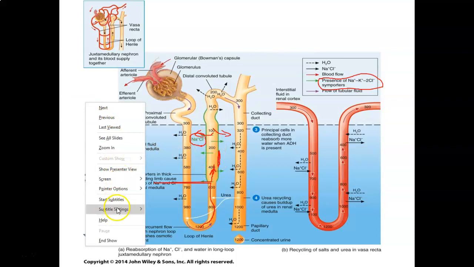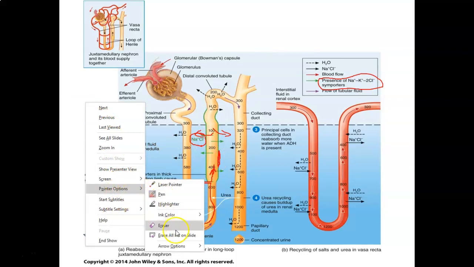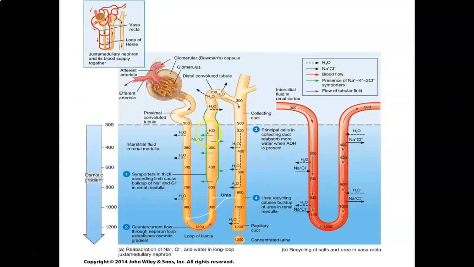It's not like that causes the movement through the ascending limb. Where that's important is, think about it: if chloride and sodium are all being dumped into this interstitial fluid, what happens to the water in the collecting duct? We can see this is what actually pulls the water from the collecting duct.